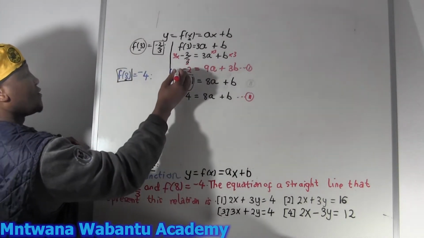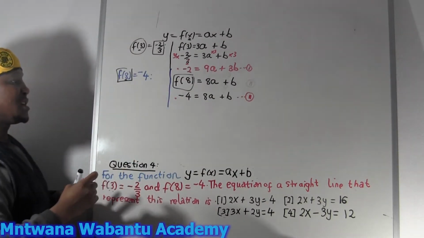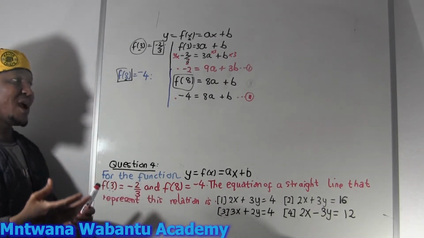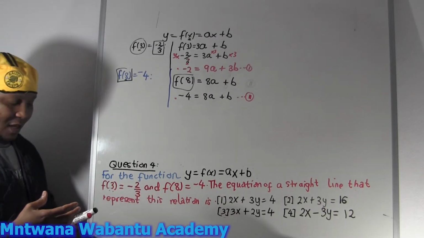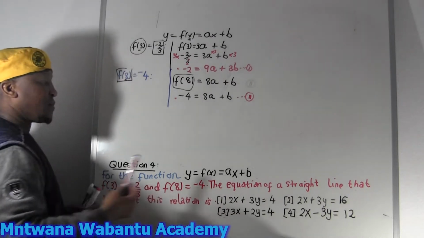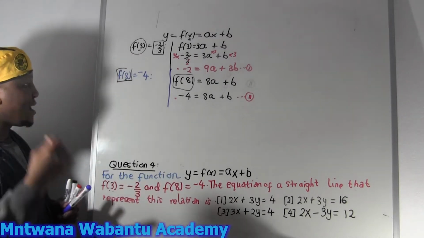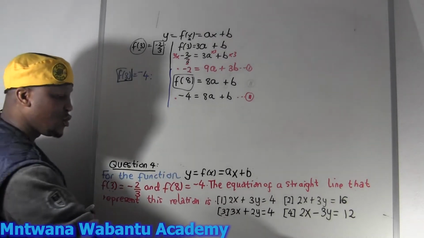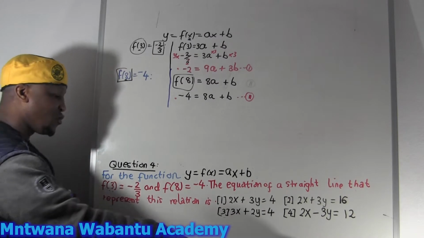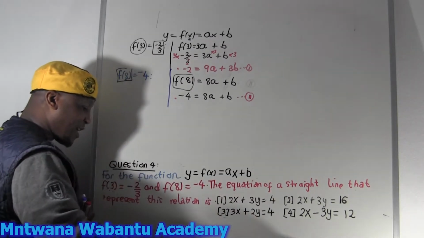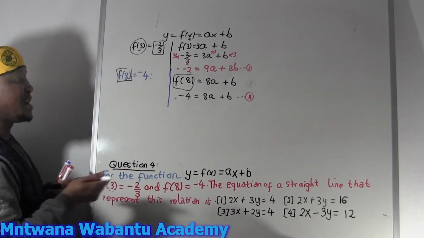So I have to solve this and this equation simultaneously. There are a lot of ways you can solve this. I'm going to show you two ways, so you can have an option to see which method you prefer, the one you think is going to be easy for you.